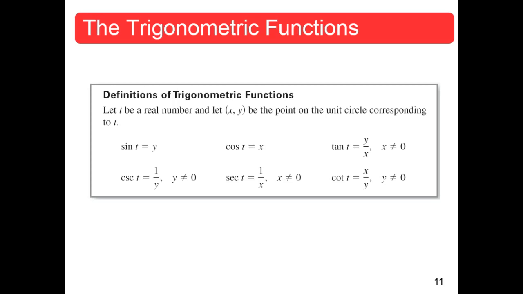For any value t, the sine of t is y. There's no limit. Any value t, the cosine of that value will be your x. But you can't say that for tangent. There are some t's that you can't have values for, and that would be where x is equal to 0. Because you can never divide by 0.